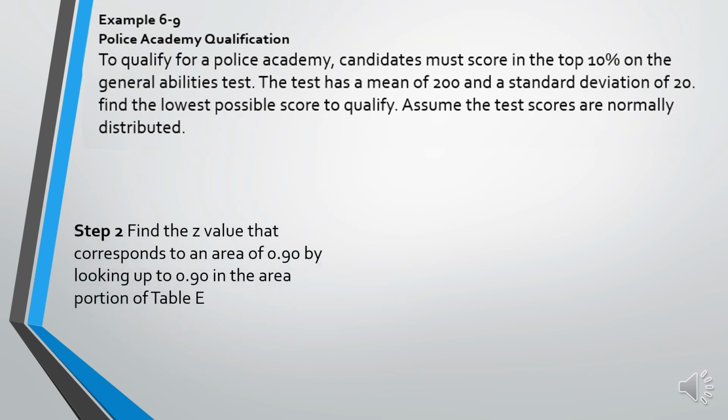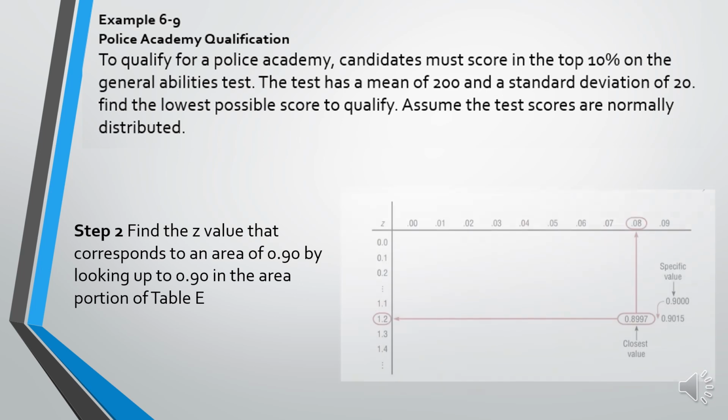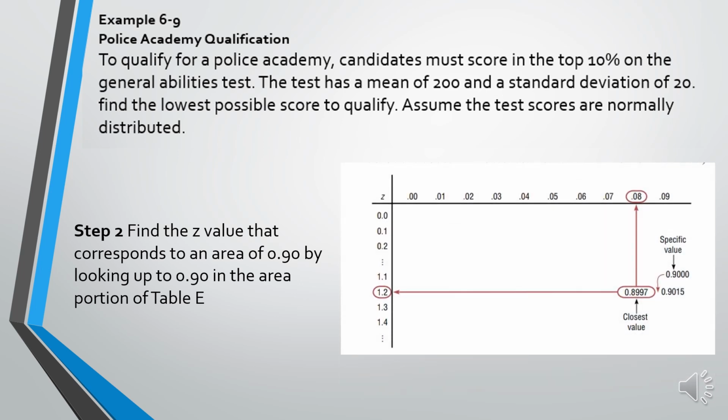Step 2. Find the z-value that corresponds to an area of 0.90 by looking up 0.90 in the area proportion of table E. If the specific value cannot be found, use the closest value, in this case 0.8990.